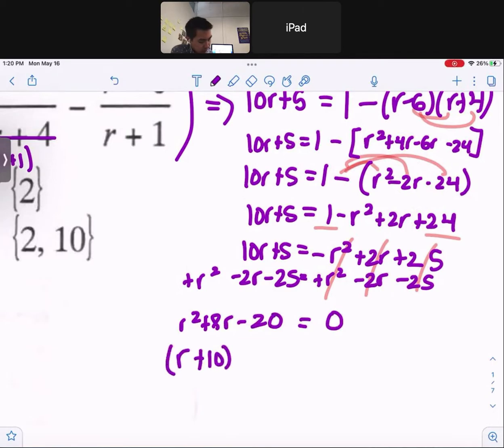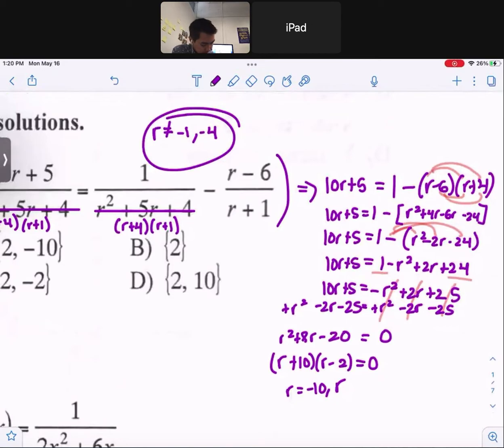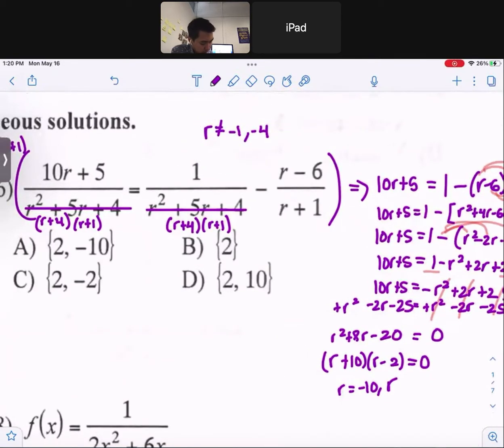So r plus 10 times r minus 2 equals 0. So r has to equal negative 10, and r has to equal 2. As long as r is not any of those excluded values, we are perfectly fine. So the answer is A: r equals negative 10 and r equals 2.